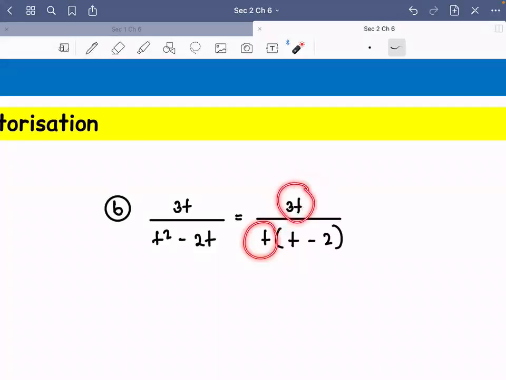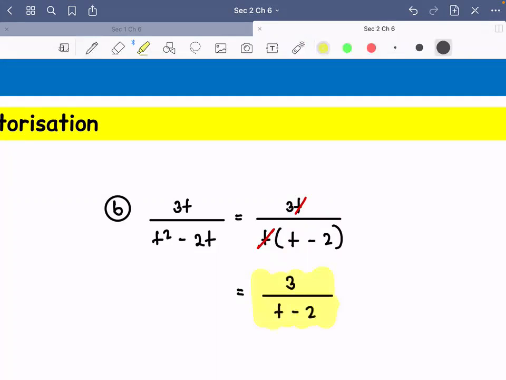So what can we cancel here, or what can we divide? t divided by t is simply 1, or we can say that we can cancel out t. So our final answer is simply 3 divided by t minus 2. That's your answer for letter B.